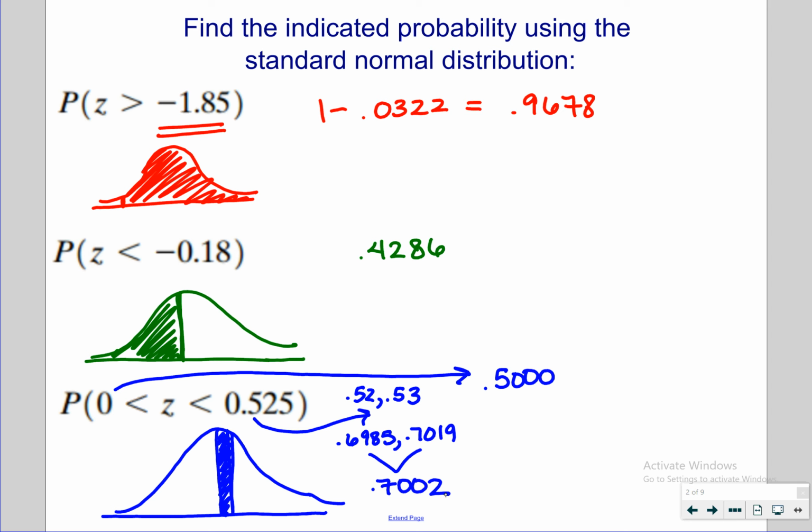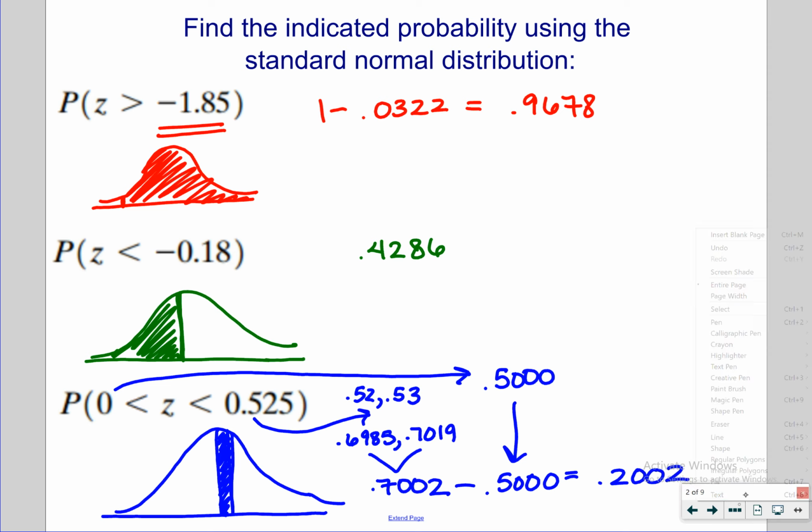Okay, so we have cumulative areas up to both of those numbers. We want to calculate the probability that we're between them. So if you remember from Friday, we did the bigger one minus the smaller one, and my final answer here is going to be 0.2002. Okay.